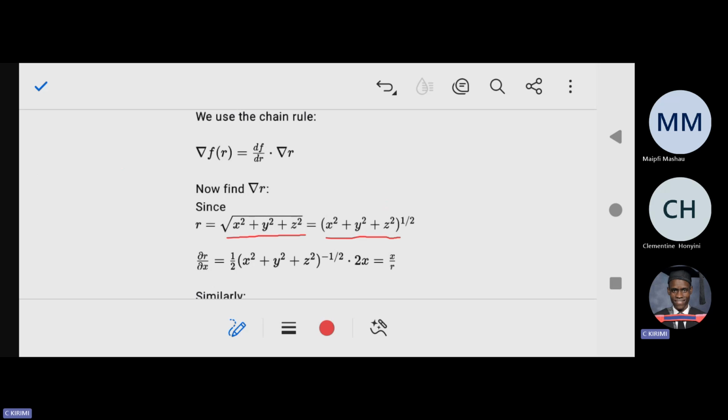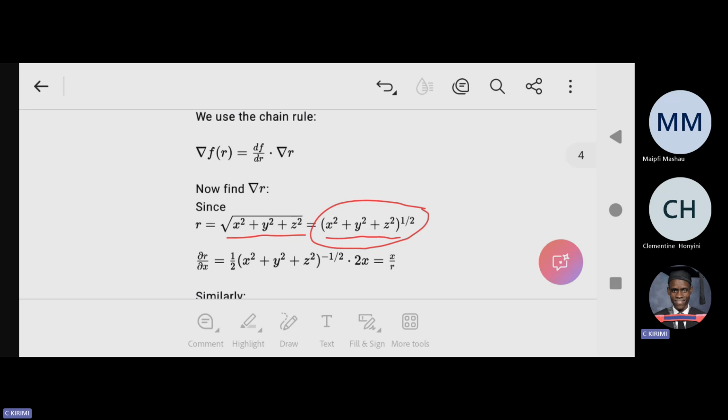So if I want the partial of R with respect to X, which means I want the partial derivative, everything is constant except for x. We are differentiating with respect to x, and everything else becomes constant. So if you differentiate this function with respect to x, what are you going to get?